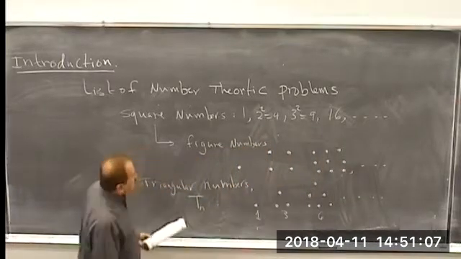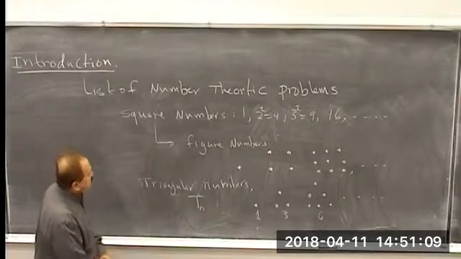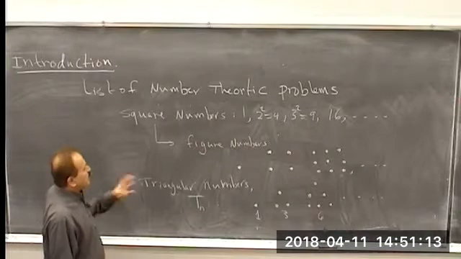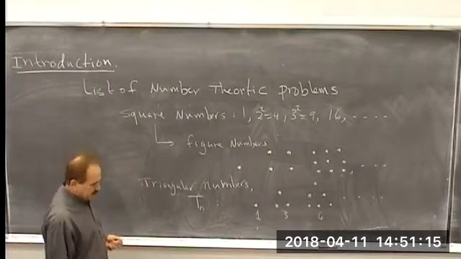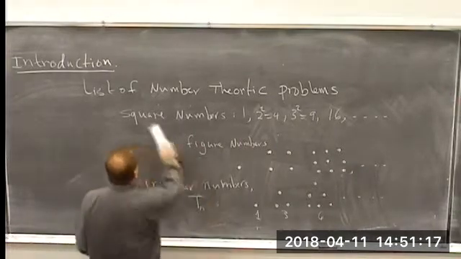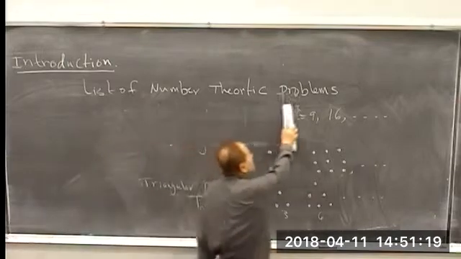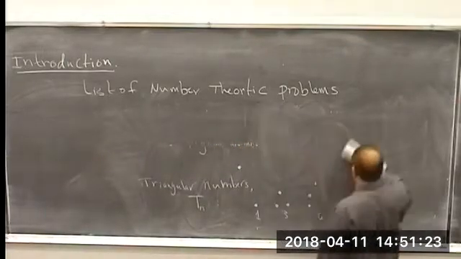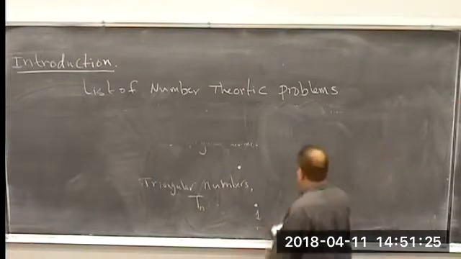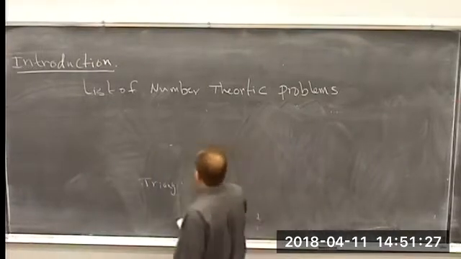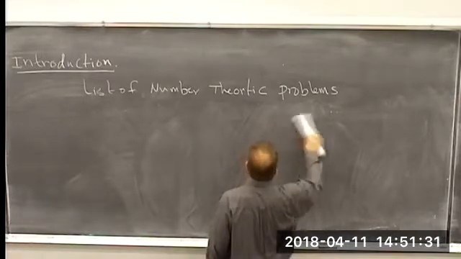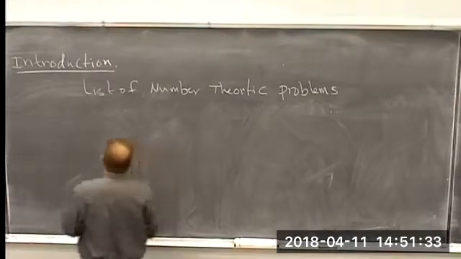The question is, is it possible for a natural number to be both a square number and a triangular number? Well, again, by experimentation, if you keep listing these numbers, the triangular numbers and so on, the answer is yes.